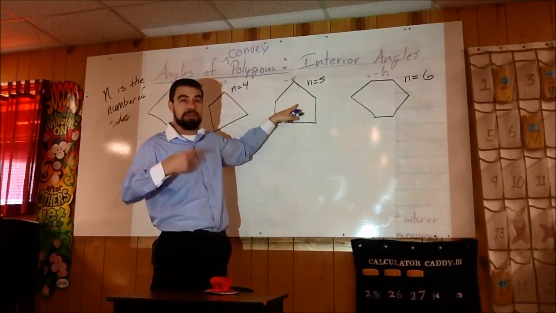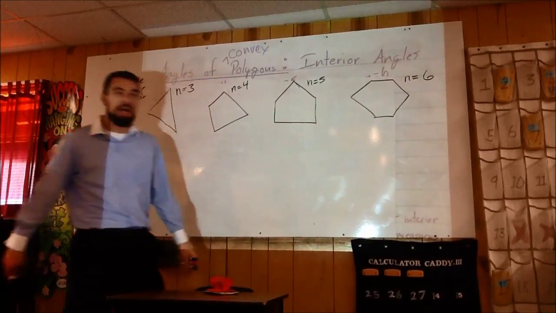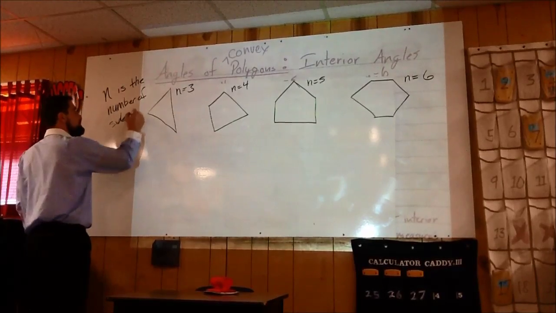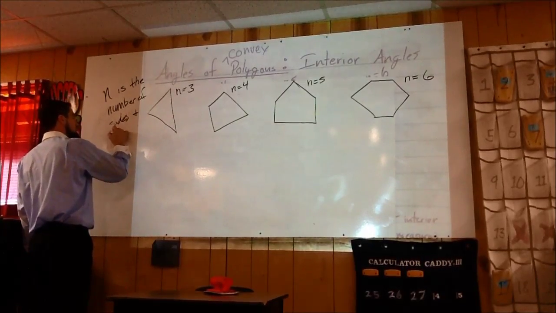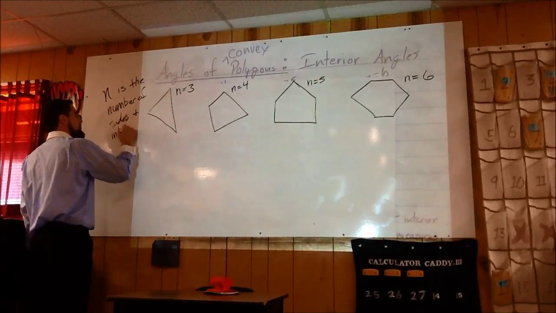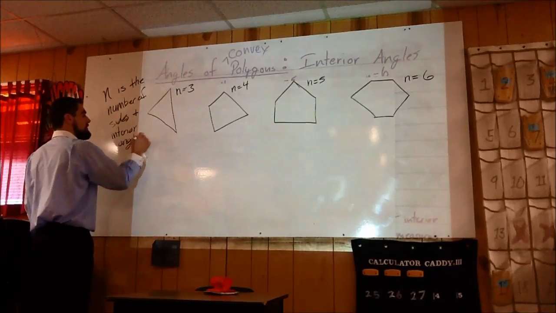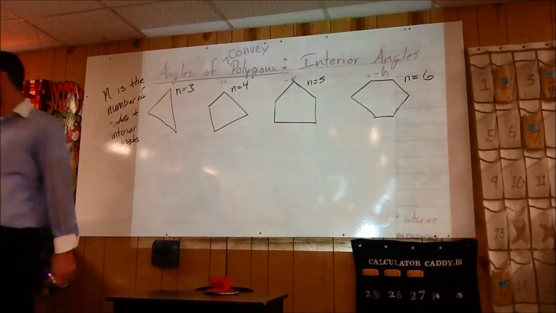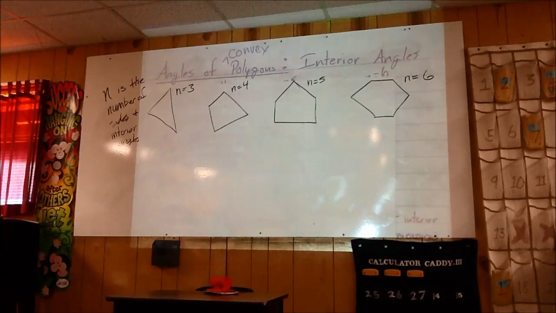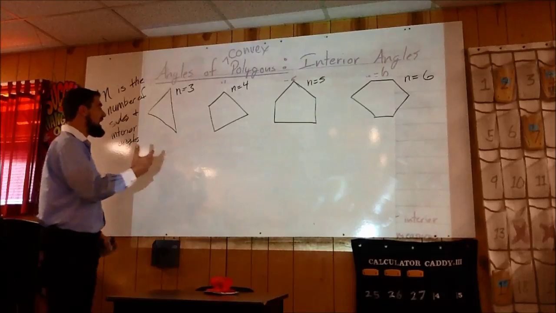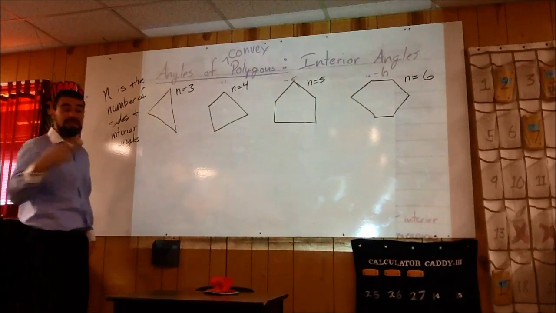How many interior angles does a pentagon have? 5. The same number of sides. Okay, so the number of sides is equal to the number of interior angles as well. It's always the case. A polygon will have the same number of interior angles as it will sides. Now, we need to find out some facts about the interior angles.